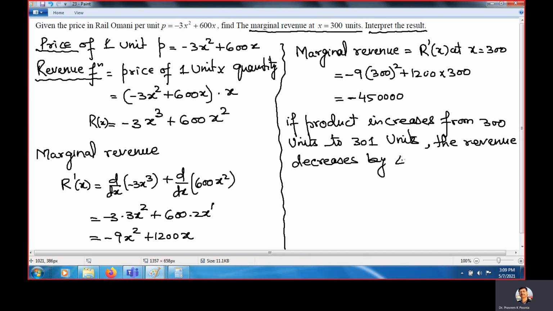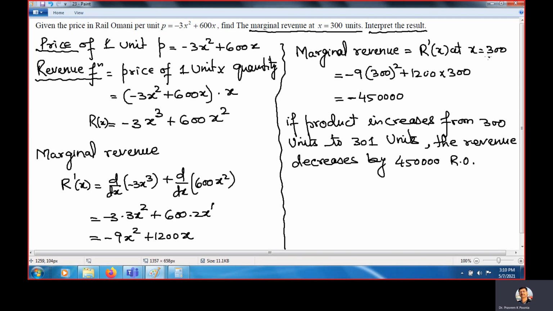By 4512,340 Omani Riyal. Riyal Omani, we generally write RO.